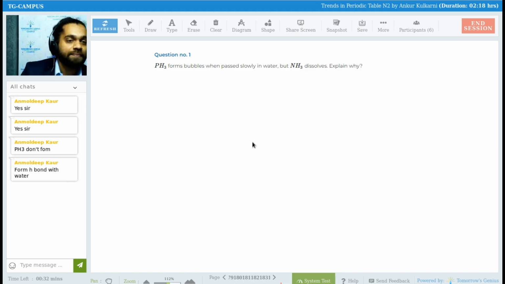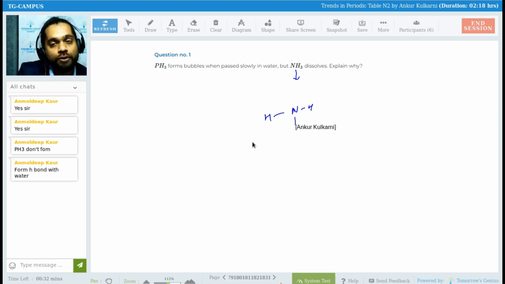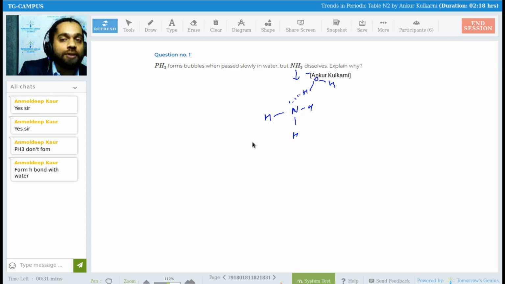That is the question. Correct. Your ammonia forms hydrogen bond with water. Hence they get dissolved. Your ammonia dissolved, but PH3 cannot form hydrogen bond with water. So hence it does not get dissolved and it forms a bubble.